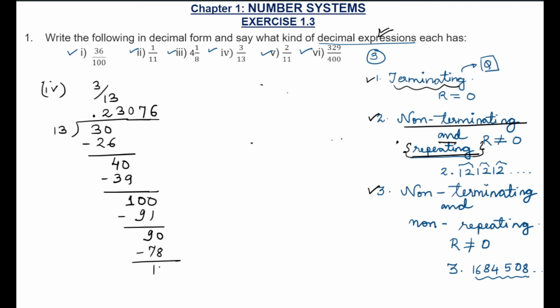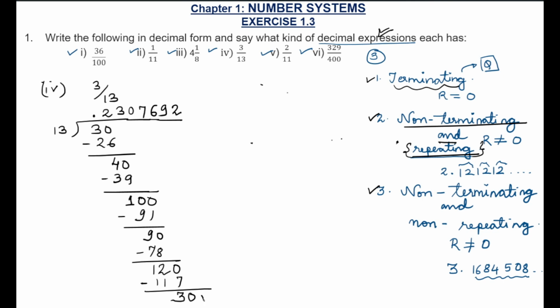So 6 times 13 you get 78. On subtracting, you get here 12. Add a 0. 9 times 13 you get 117, minus, you get 3, right? Keep on moving in the same manner. Did we get any point where it ends? No. So it will again give me 2 times 26.